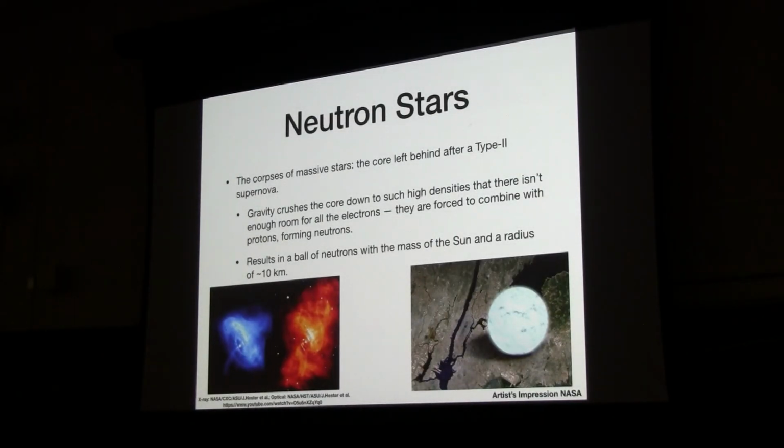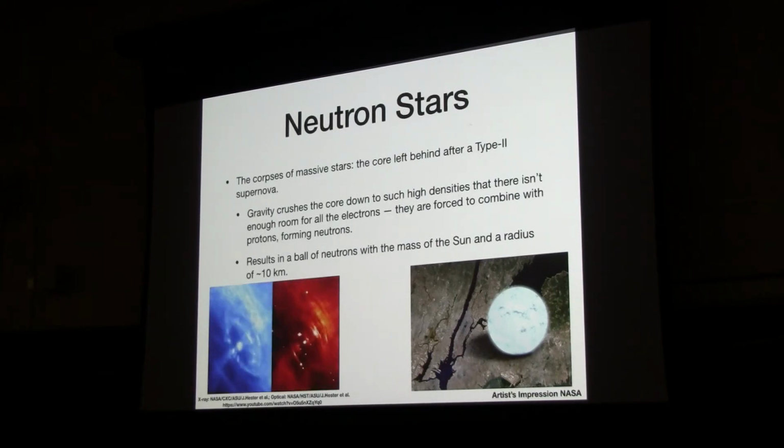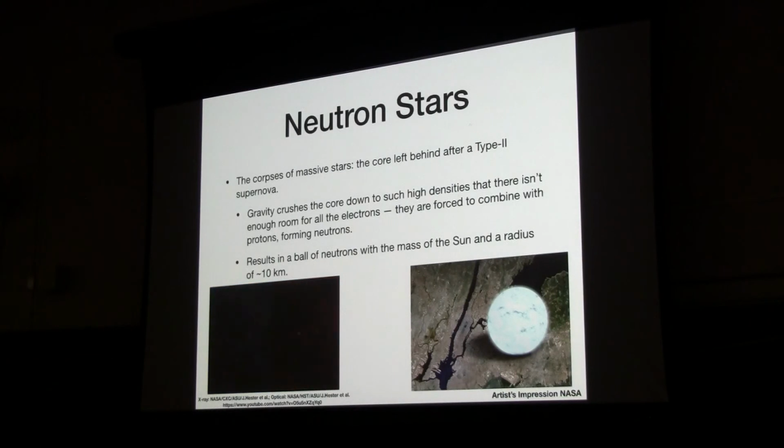So what are neutron stars? Well, we actually heard about white dwarfs, right, way back at the beginning when we were talking about the white dwarf supernova. So white dwarf supernovae come from a white dwarf, which is one possible end state for stars. If you have a bigger star, when it explodes, it leaves behind a corpse, right? And that corpse is so massive that it cannot sustain itself with electrons separated from protons.